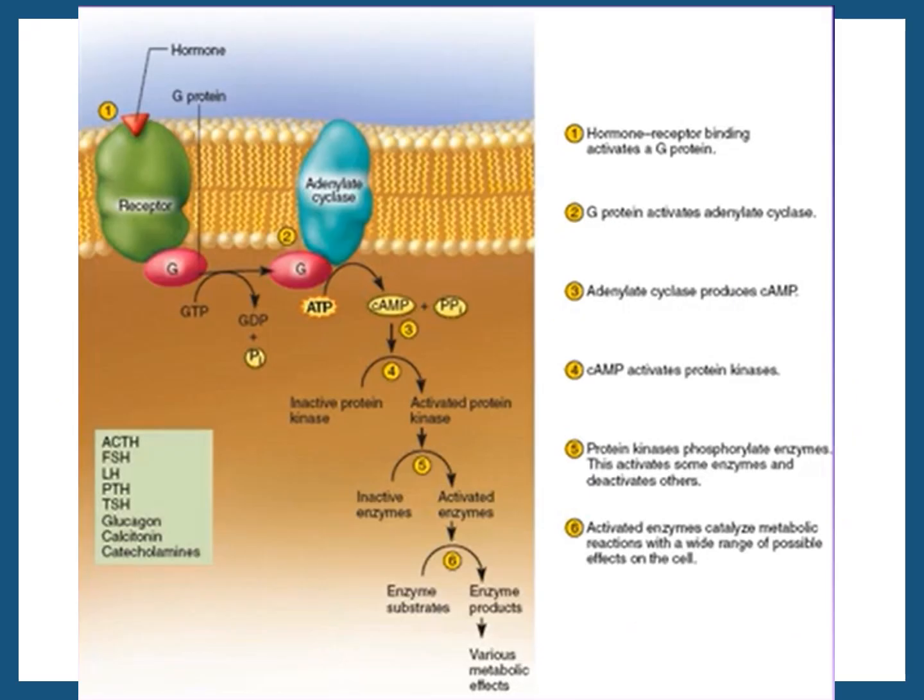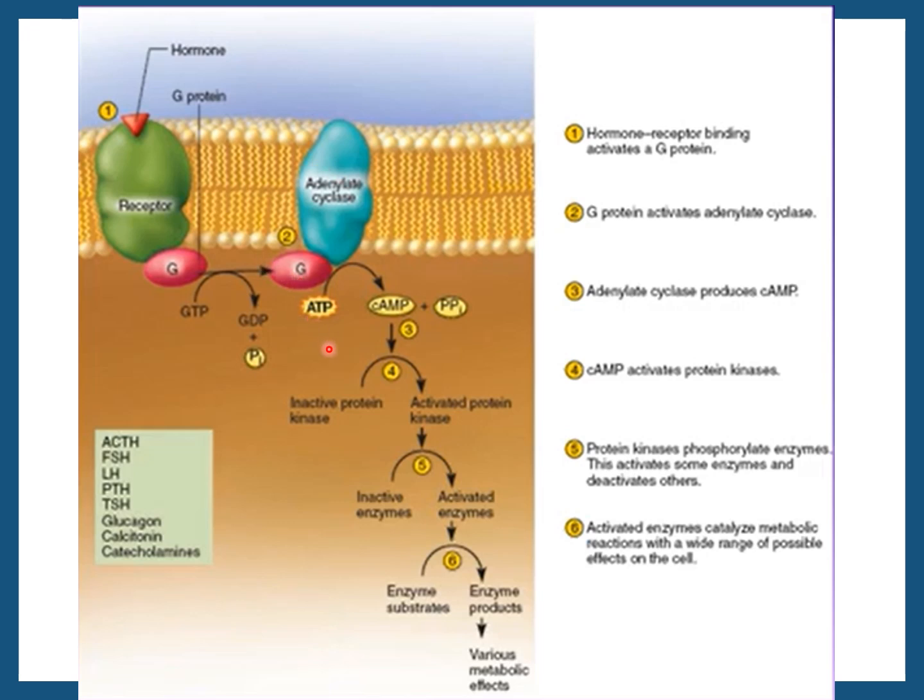So in this image here, you can see if you locate the number 1, right here, that is the hormone as the first messenger, and as it binds to that receptor, it is going to activate G protein. G protein is then going to, in turn, activate adenylate cyclase.